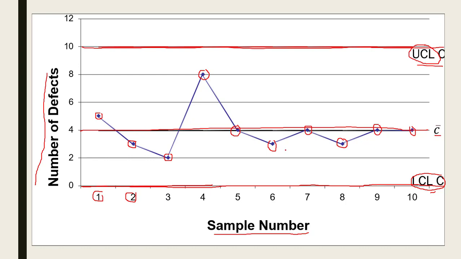From this chart we can conclude that our process is in control because all the points lie between the control limits. So this is what we can conclude from the C chart, whether our process is in control or not.